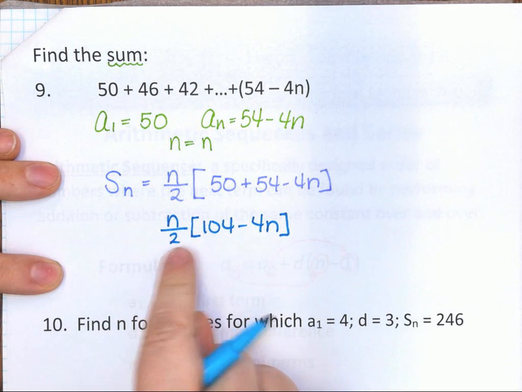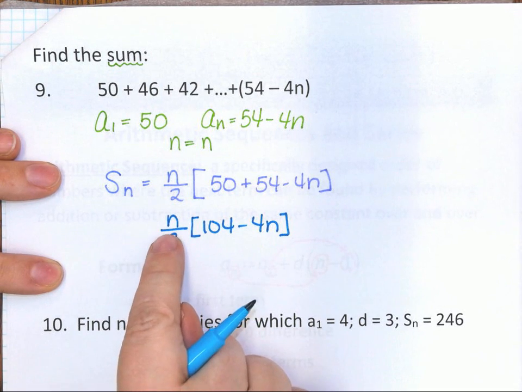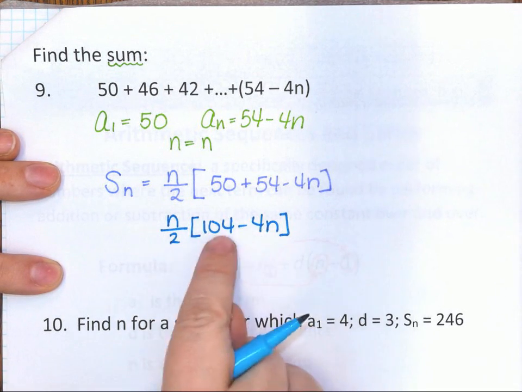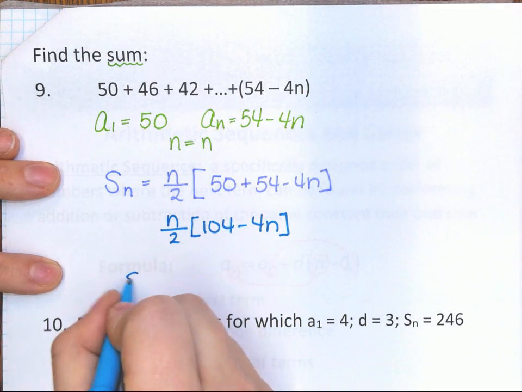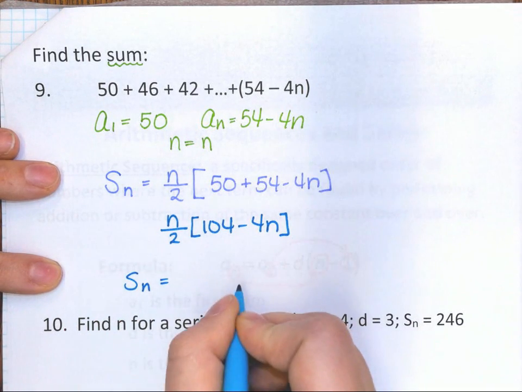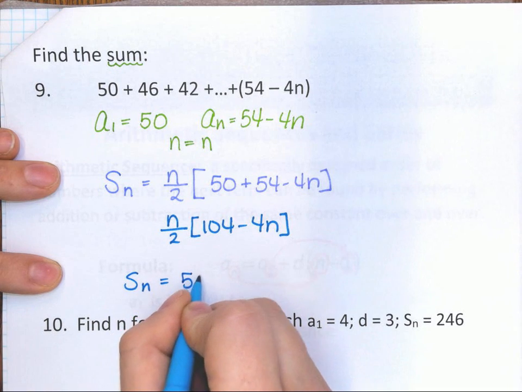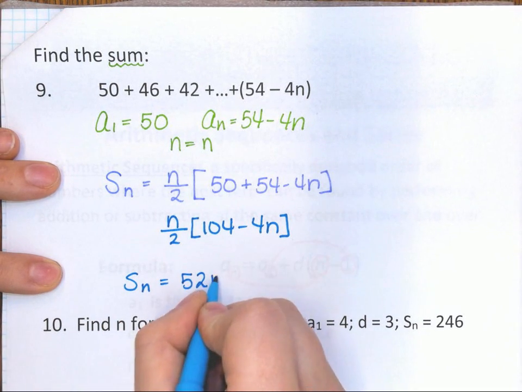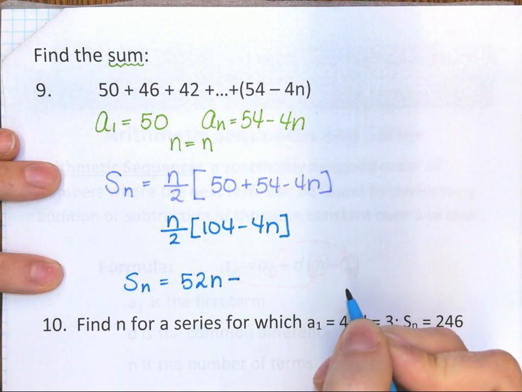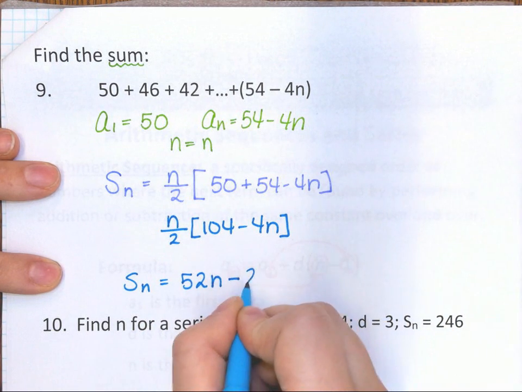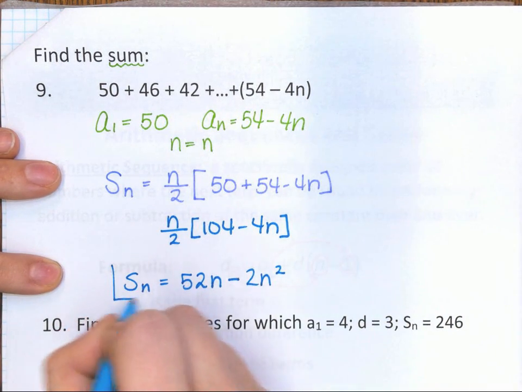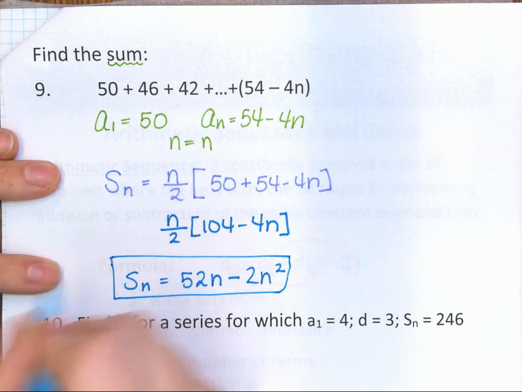Now, we do need to distribute this. Distributing a half means divide both terms by 2. So what is 104 divided by 2? 52. And then there'll be the n, and then minus 2n squared. So that is the formula for the sum.